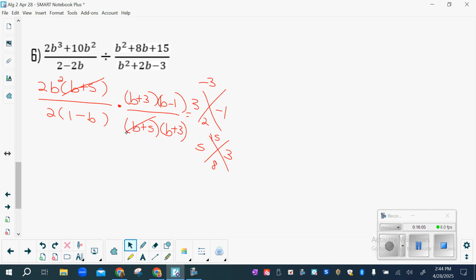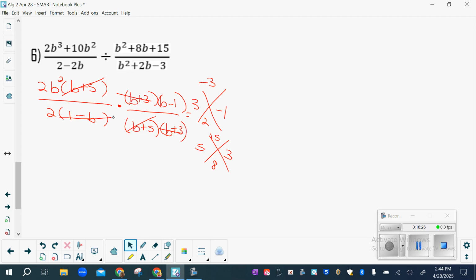Anything else that cancels? Can you cancel anything up and down? The b plus 3 is canceled. Can we make this 1 minus b the same thing as b minus 1? Yes, we can factor out a negative 1, and then we can cancel them.